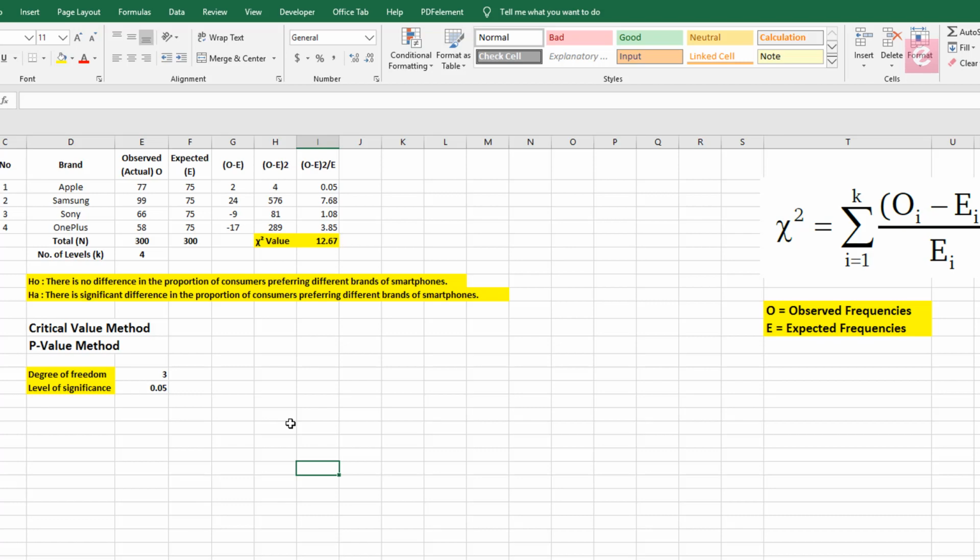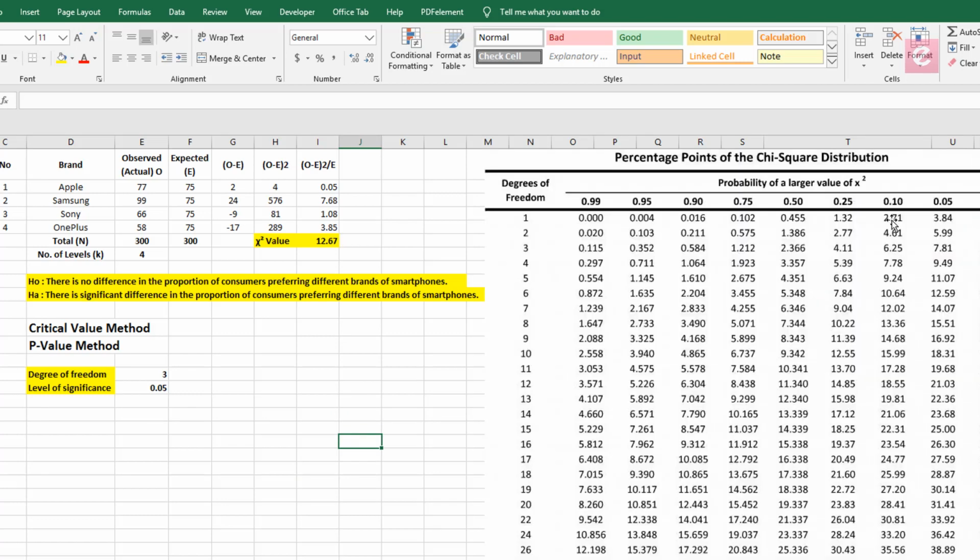Now we need to check the chi-square critical value. For this purpose, you need to check the chi-square distribution table. Here is the chi-square distribution table. I have already given a link below in the description. Click that link and you can download this chi-square distribution table. Look at this table: the first column is the degree of freedom, and across the top you can see the different levels of significance.